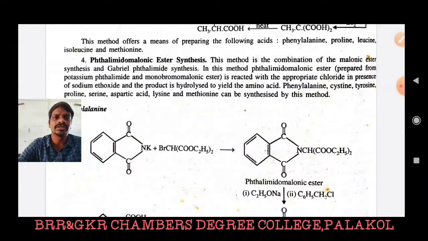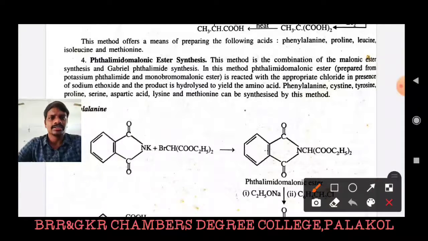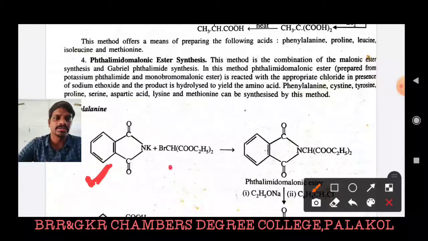Now we consider both reactant molecules. Potassium phthalimide is reacted with alpha halo malonic ester, monobromo malonic ester.